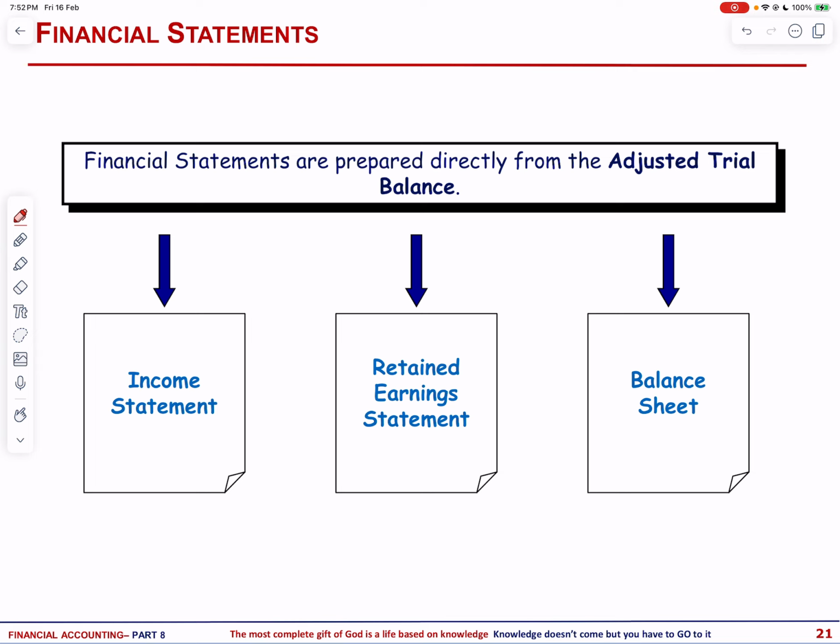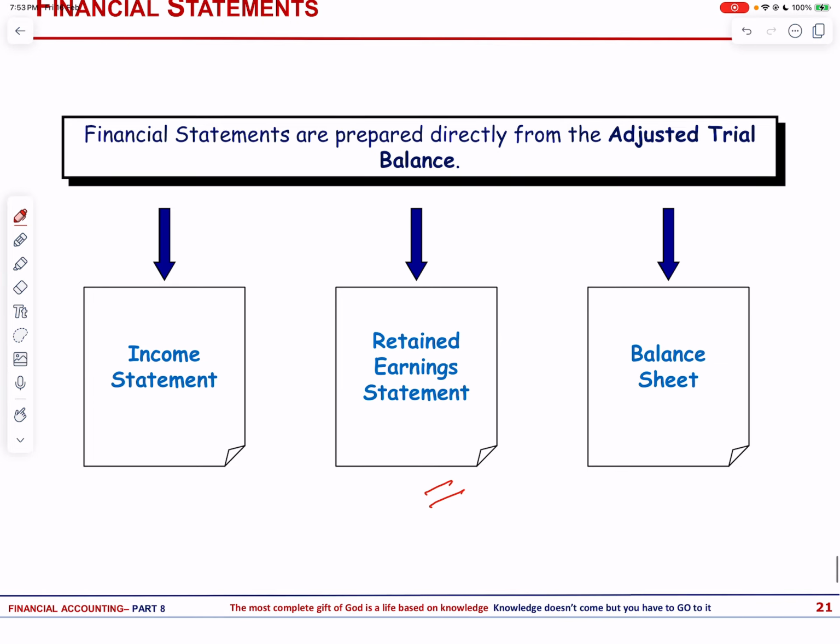Next, the balance sheet is crafted using assets, liabilities, and stockholders' equity accounts. The balance of the retained earnings reported on the balance sheet originates from the ending balance in the retained earnings statement. This approach ensures the accuracy of financial data portrayed in the company's statements.